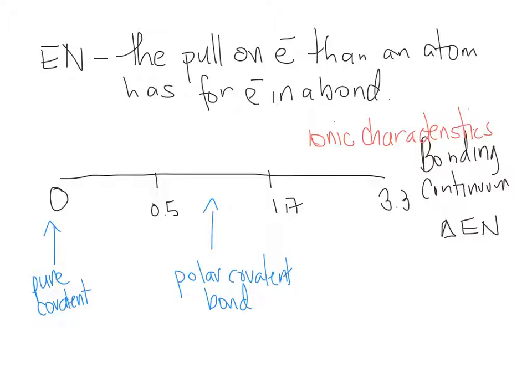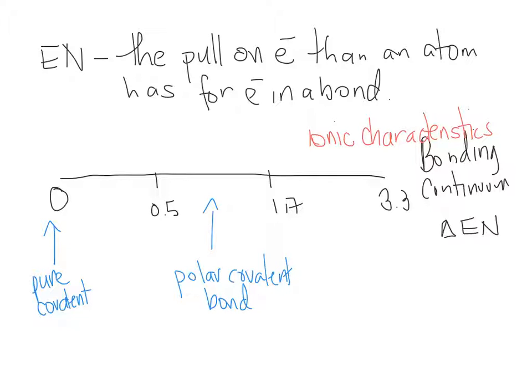You can also be ionic and fall between 0.5 and 1.7. So it's really crucial you look at the elements in the compound before you say if it's ionic or covalent. But if you are a covalent compound and you're greater than 1.7, then you've got ionic characteristics.